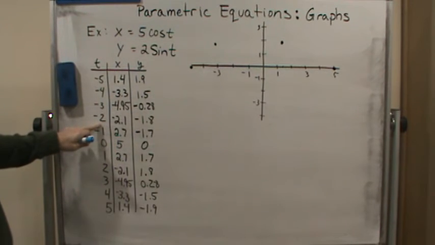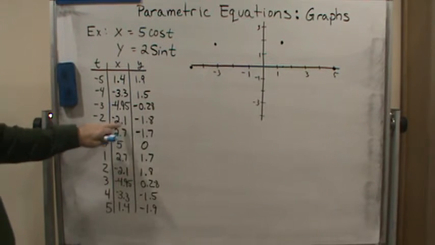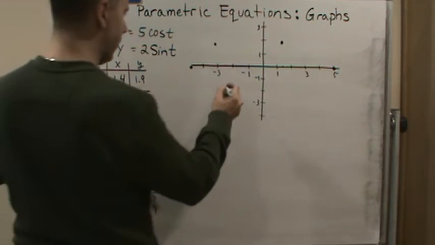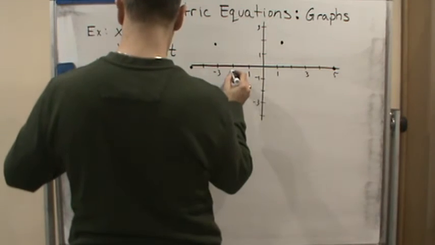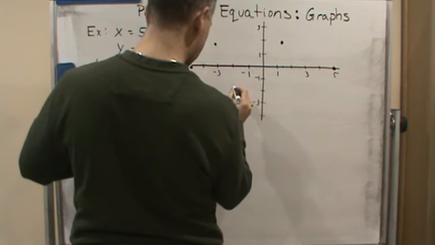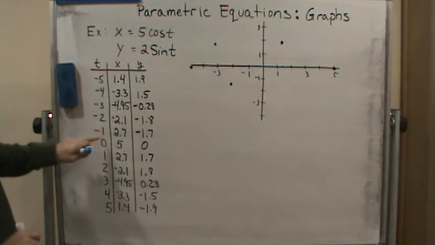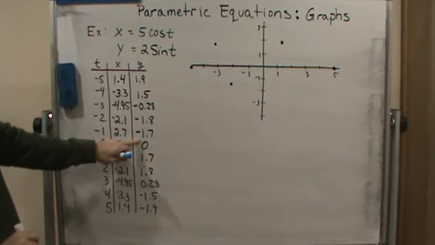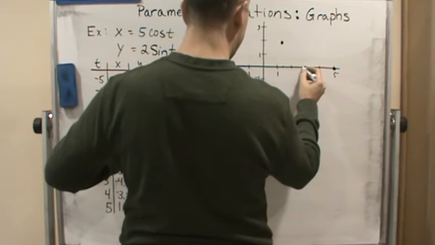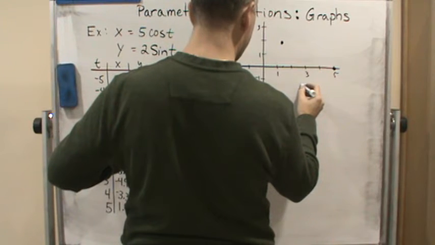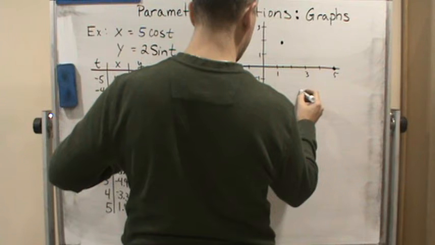And then at t = -2, we're at -2.1 and -1.8. So let's say we're right about there. And then at t = -1, we're at 2.7 and -1.7. So let's say we're right about here.